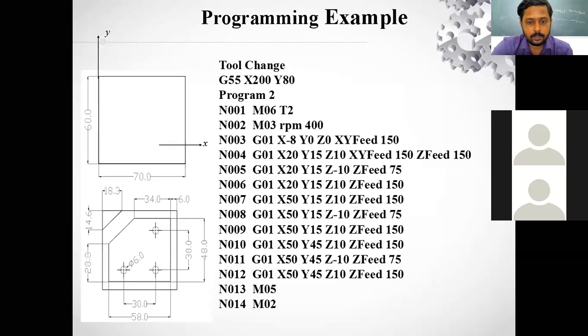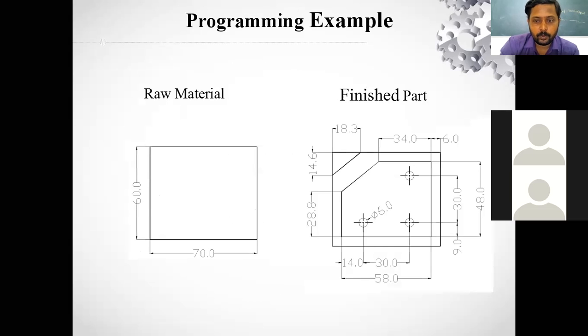The first is a cylindrical turning operation, and that example we will discuss in the next lecture. Also the milling machine example, milling and drilling operation, we will discuss in the next lecture. For now, just keep in mind how the program is being written and how the parameters are being set before making the program.